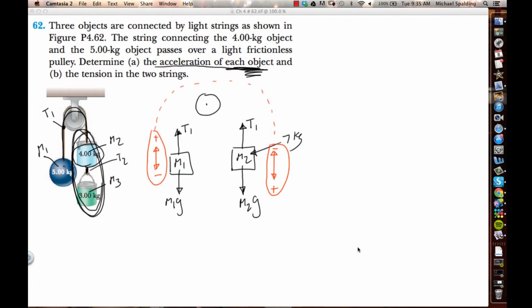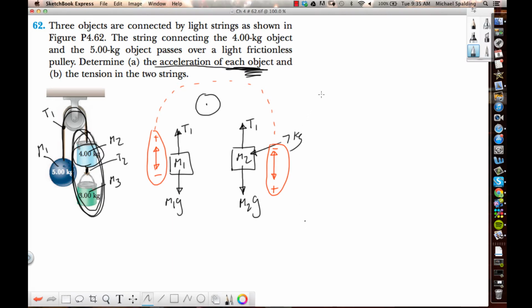Okay, so now we're going to sum the forces. For M1, we sum forces. For M2, we sum forces. What are the forces on M1? We have T1 up and M1G down. And we know what M1G is. M1G is 49, 5 times 9.8, so let's just plug that in.